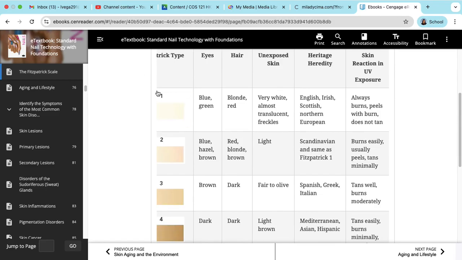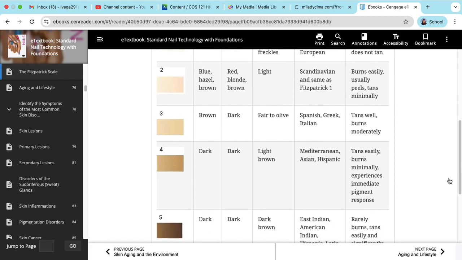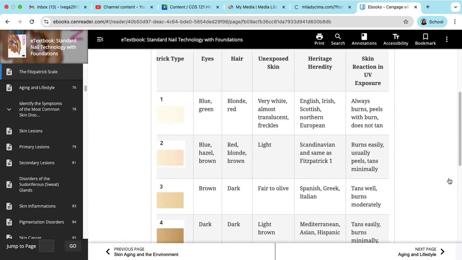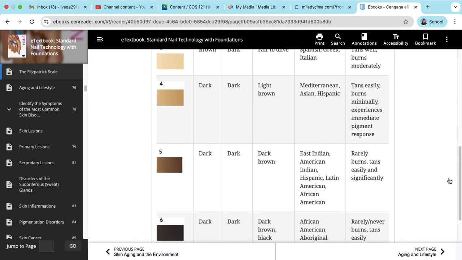Babies will be up here on number 1. Then we have 2, your color of eyes, of hair, what happens when you get exposed.